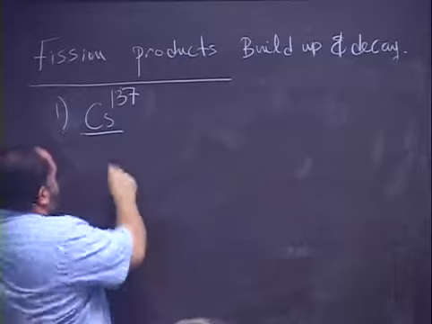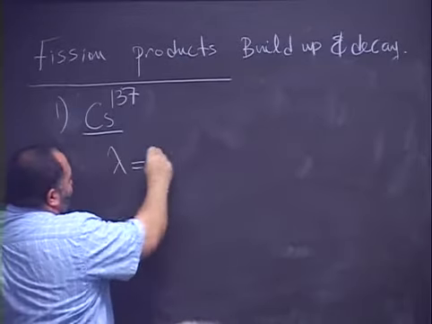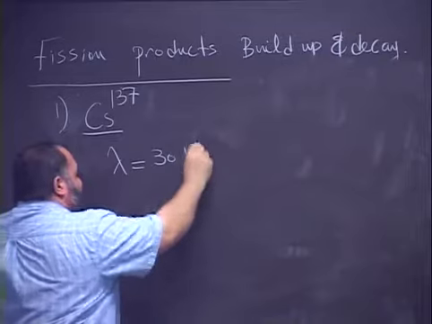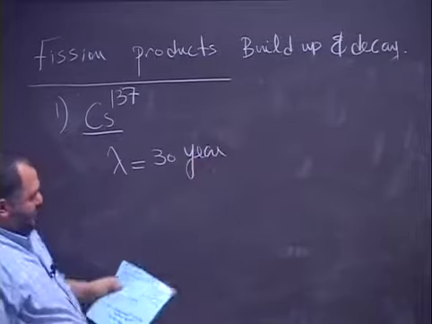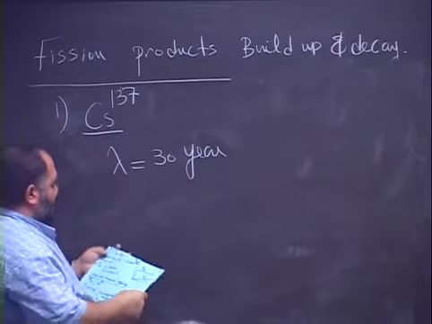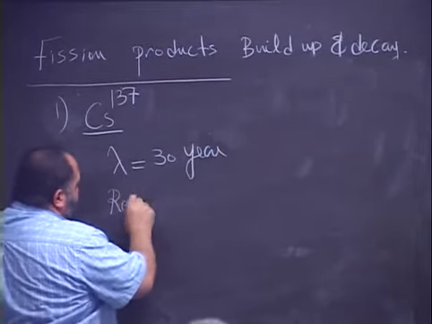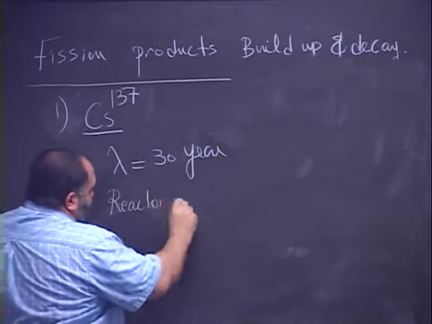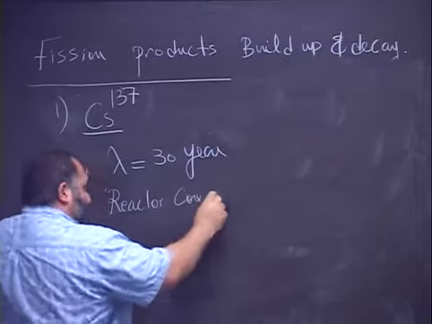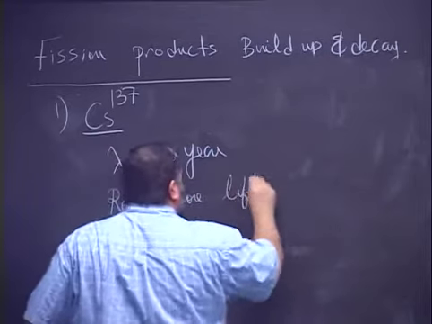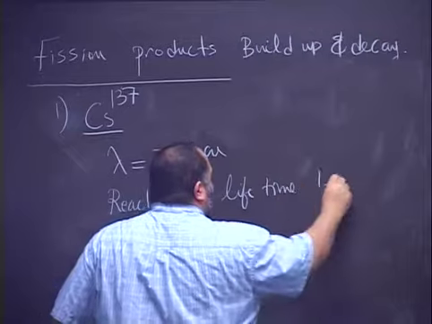Cesium 137 has a half-life of 30 years, and the reactor core lifetime is between a year to 2 years.